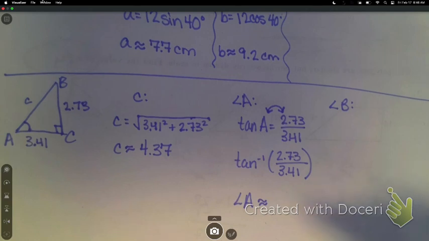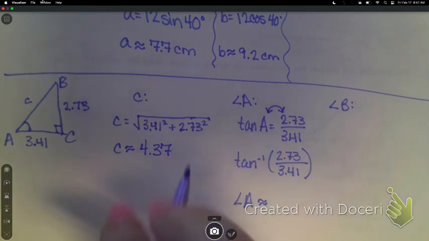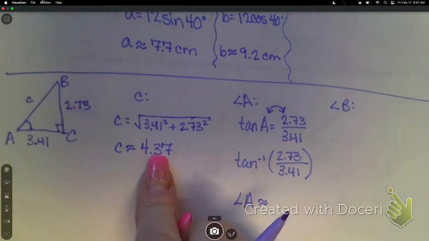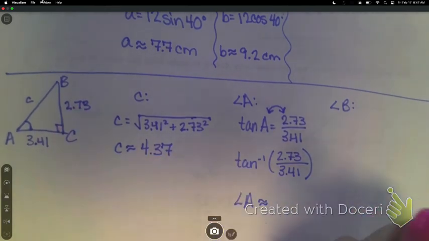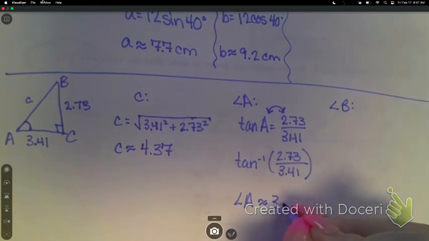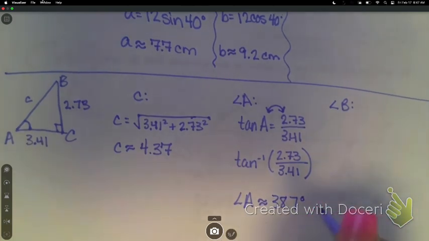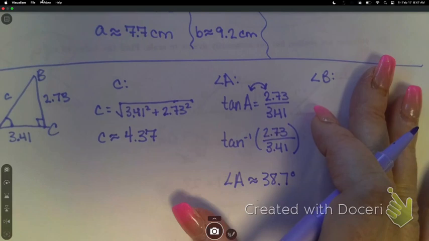This one gave me 2 decimal places, so I'm going to give it 2. So it is, I think, 38.7 degrees. And the reason we go to the 10th is we're not making anything what it's not, right?